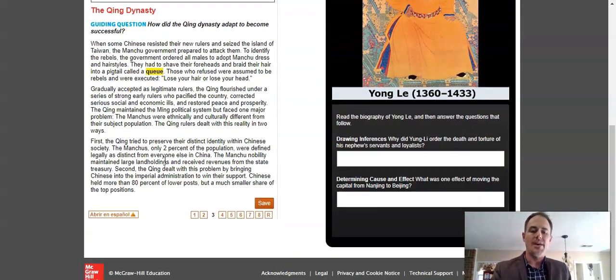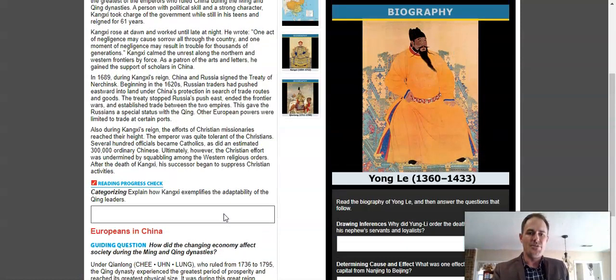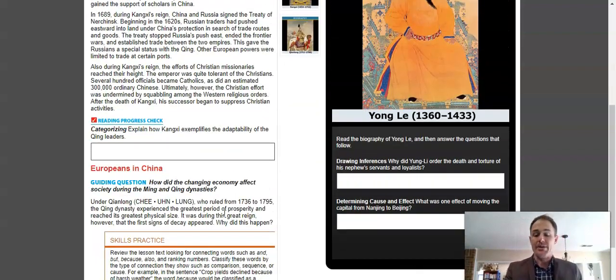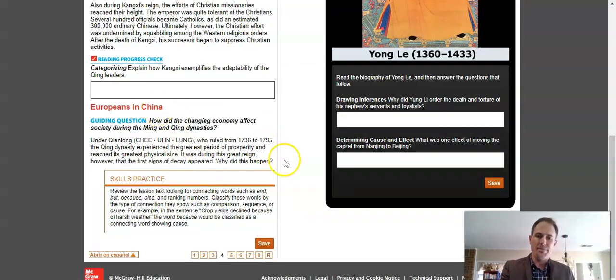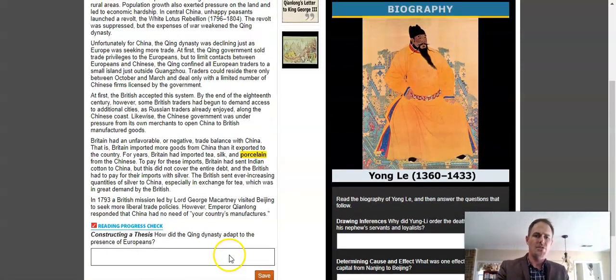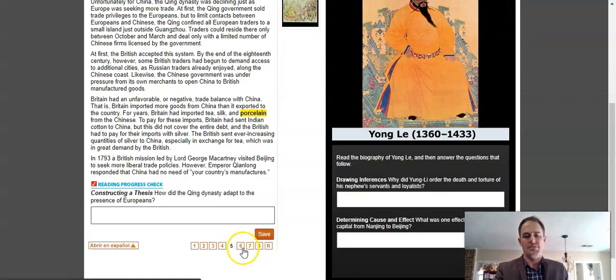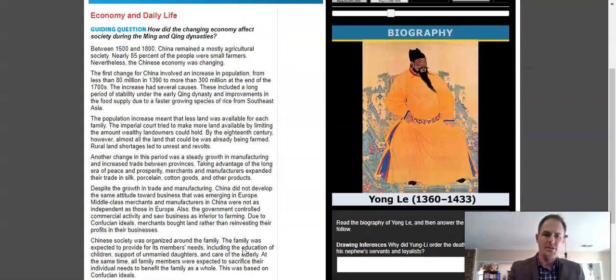No. Don't do that, because the way this lesson is laid out in the book, it really bounces around, which I'm not crazy about, but I didn't write the book. So you see here Europeans in China. Again, not really about our topic because it's more about the Qing Dynasty. But if we go on, okay, more about the Qing Dynasty and the Qing Dynasty's relationship with Europeans.